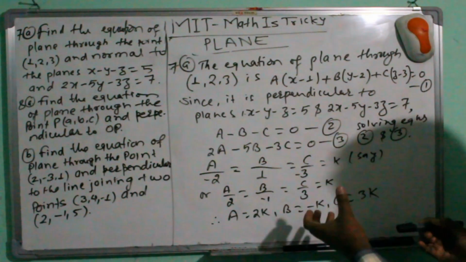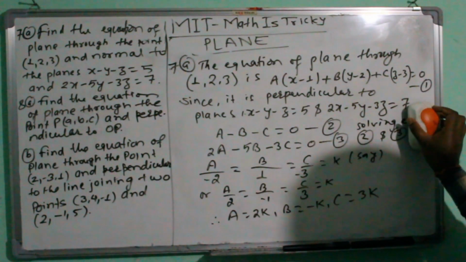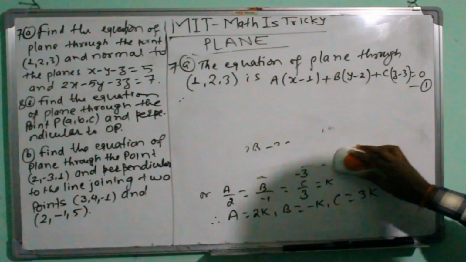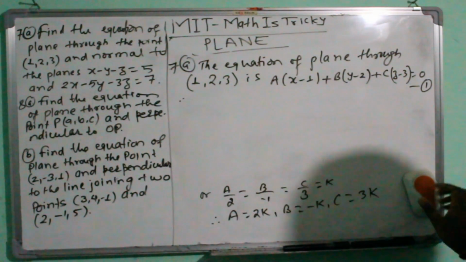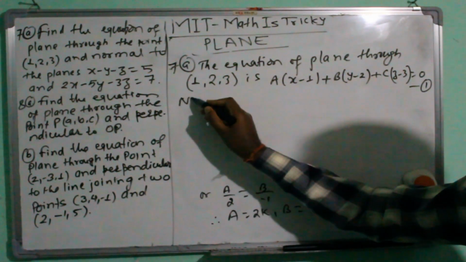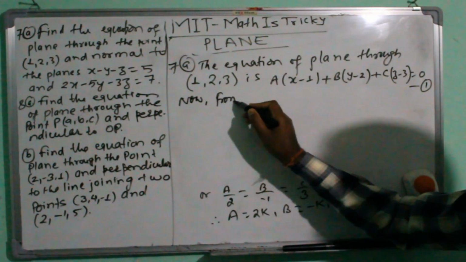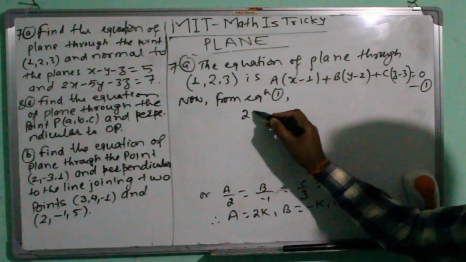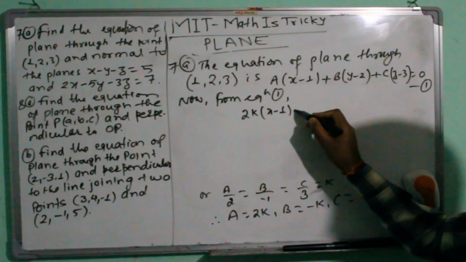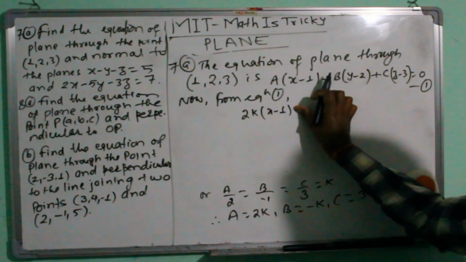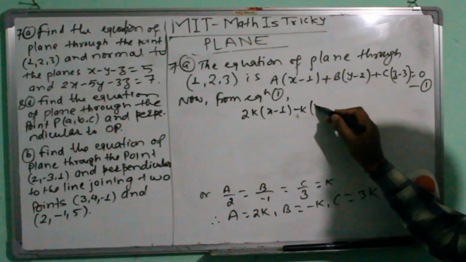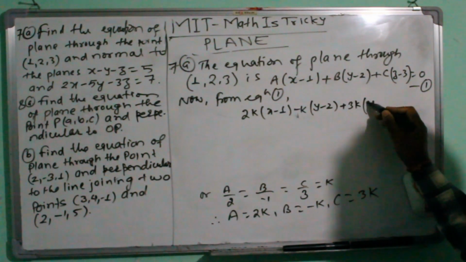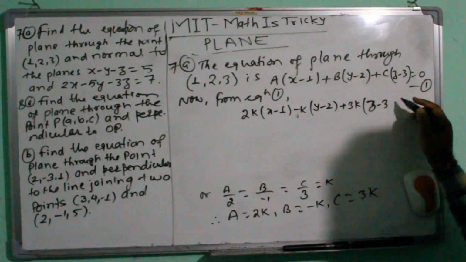Now let's substitute these values in equation 1 and then we will get the required equation. Hope you are understanding this. So from equation 1 we get, putting a equals 2k, times (x minus 1) plus minus k times (y minus 2) plus 3k times (z minus 3) equals 0.